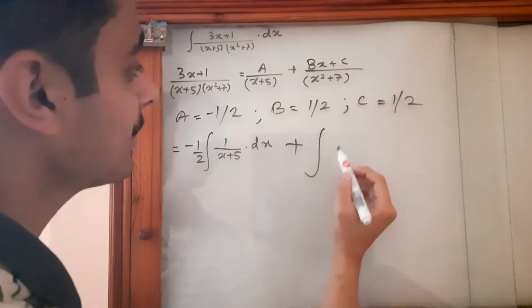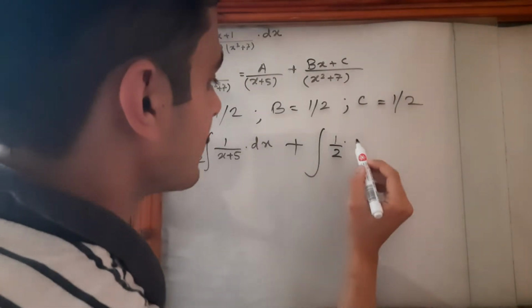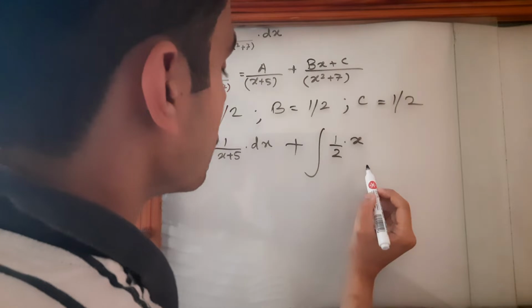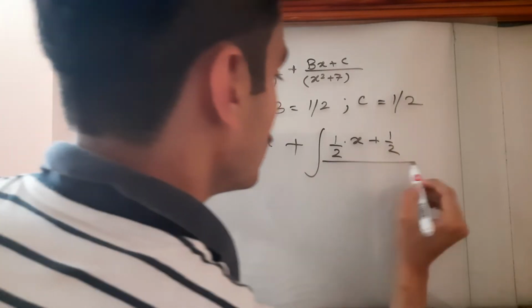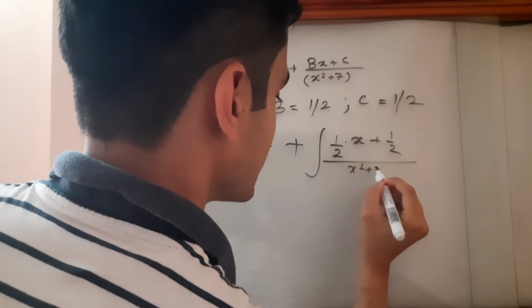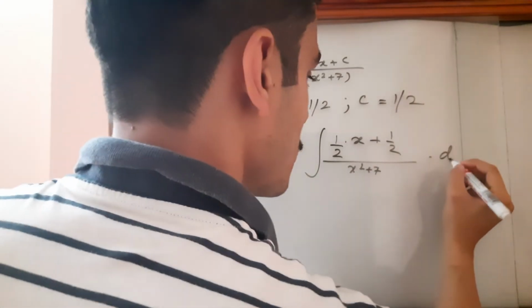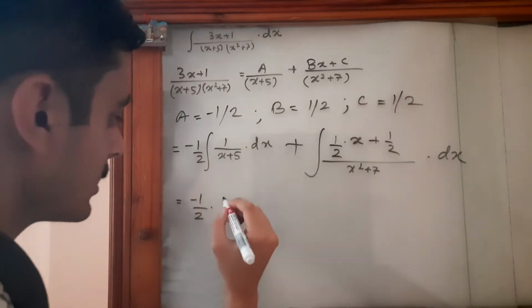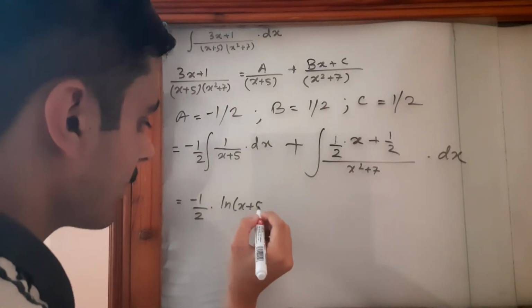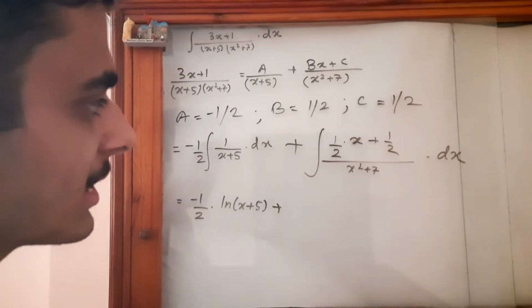I hope that's not a problem. 1/2 times x plus, what's the value of c? 1/2 whole divided by x squared plus 7. Let's try to do this quick so that you don't get distracted by the noise of the dogs barking, times ln x plus 5.